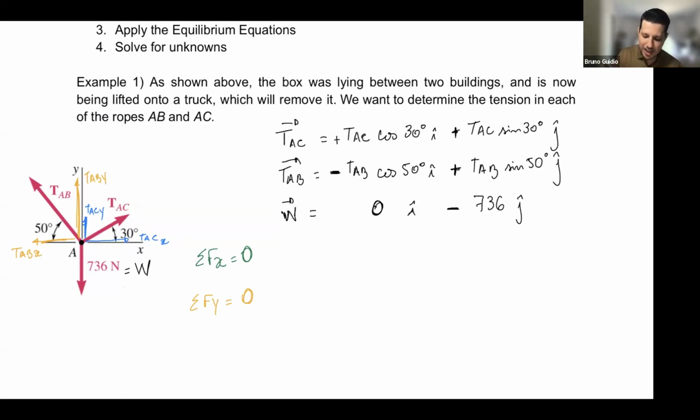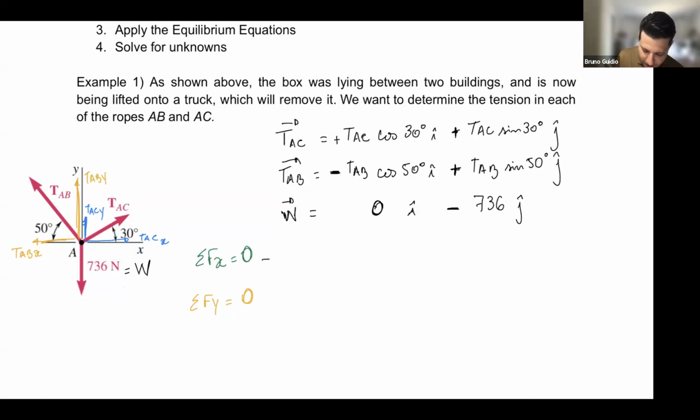Yes, because I have two unknowns, TAC and TAB. The angles are given, but I don't know TAC and TAB. So I have two unknowns and two equations, and I can solve this problem right now.